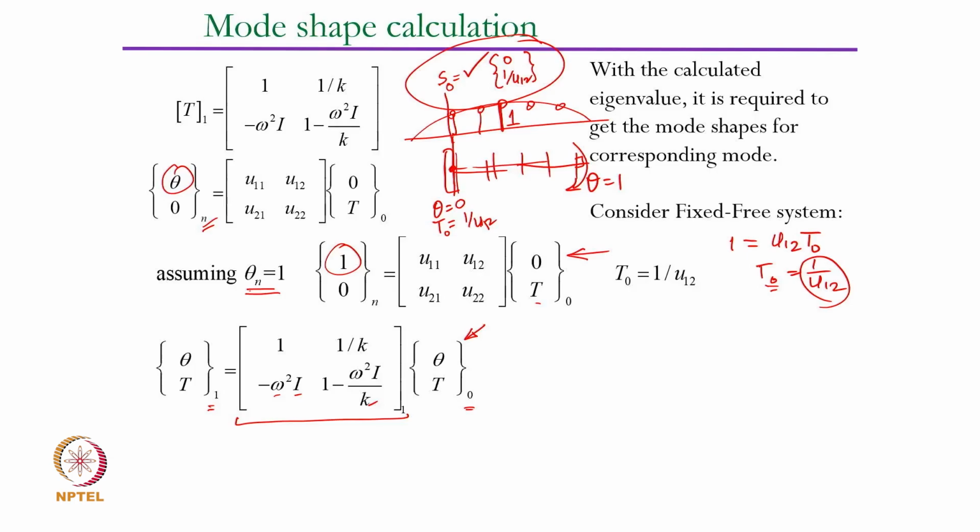So that means this state vector S1 is known. Once S1 is known, S2 is known, S3 is known, and so on. You can keep on making these multiplications to get all the state vectors known.